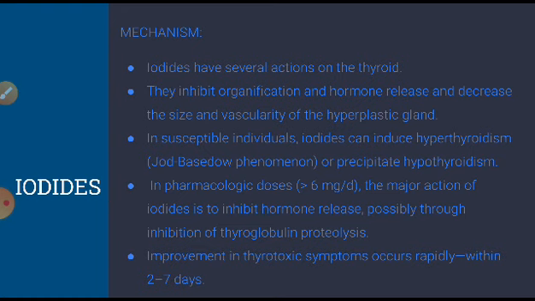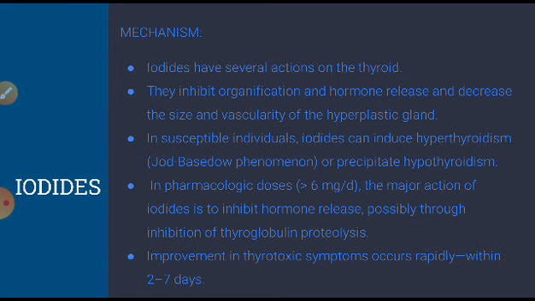Now, the next category is the iodides. In these iodides, we'll see the mechanism of how they act. Iodides have several actions on the thyroid. They inhibit organification and hormone release and decrease the size and vascularity of the hyperplastic gland.